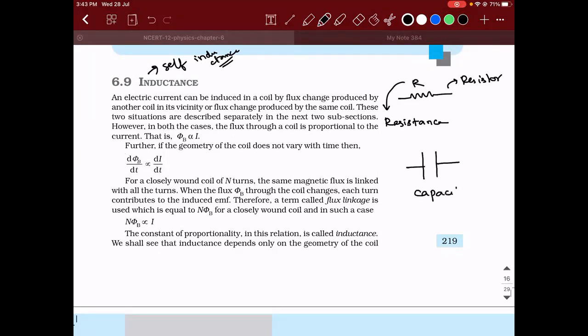What is the property associated with the capacitor? It is capacitance. So the device name generally ends with OR, and the property ends with ANCE. In a similar context, if you have a device named an inductor, then the property associated with the inductor is what we call inductance. Clear, guys?